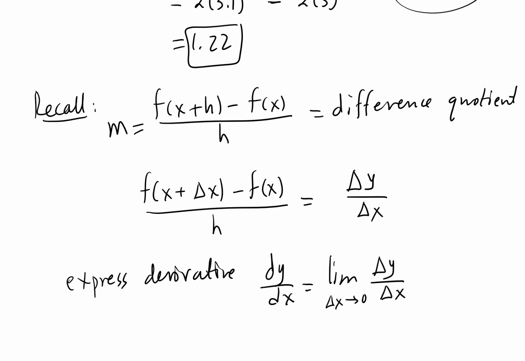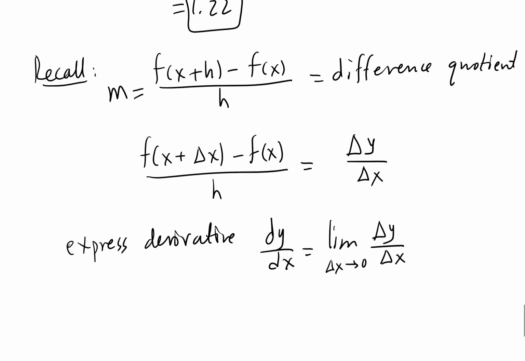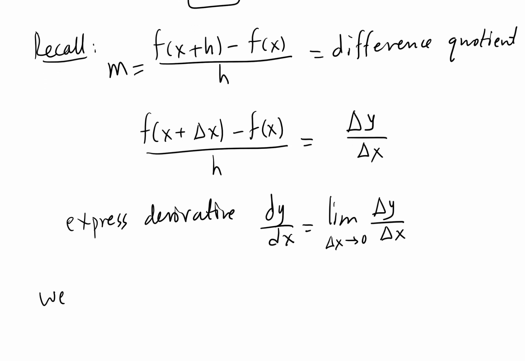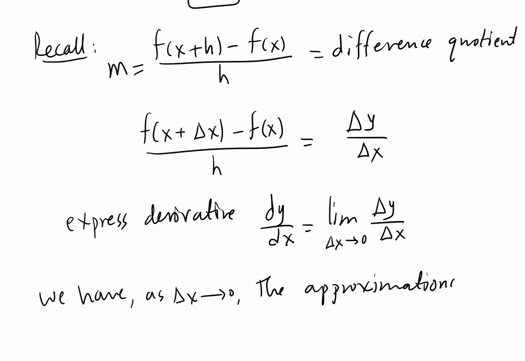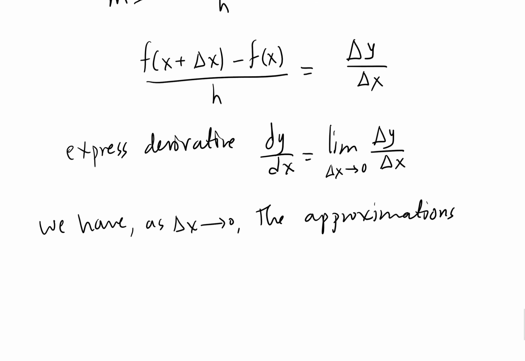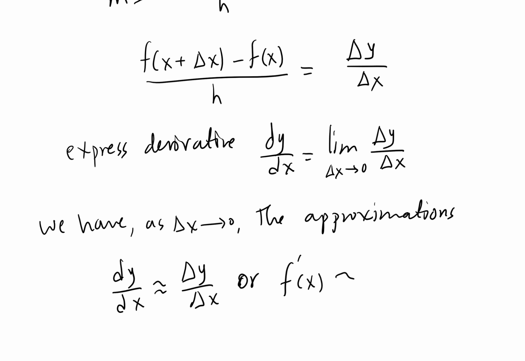As delta x gets closer and closer to 0, we have the approximation dy dx is about delta y over delta x, or we can write it f prime of x.